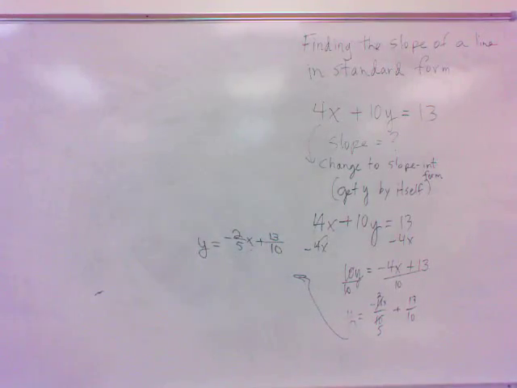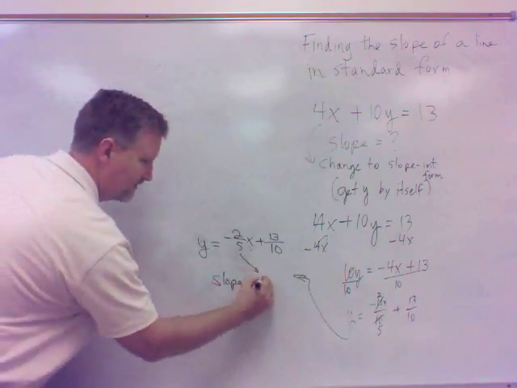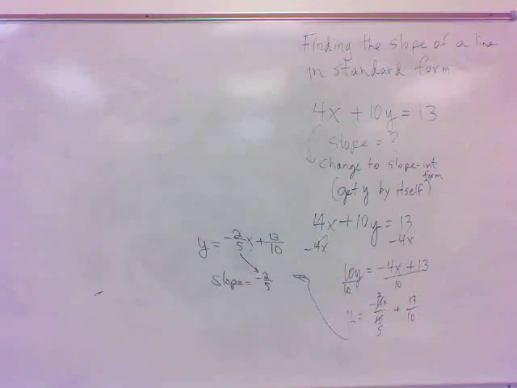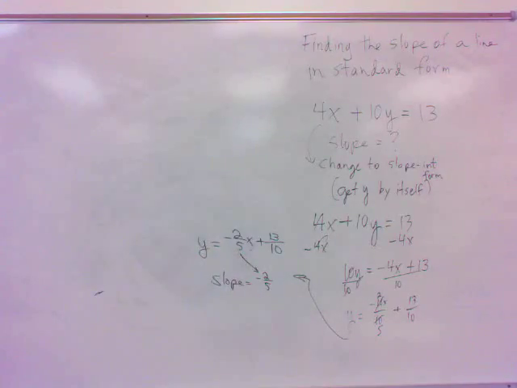The question was, what's the slope of this line? Well, now I know. What's the slope of this line? Negative 2/5. Yeah, now I can read the slope right off of it. The slope is negative 2/5, the m. Okay?